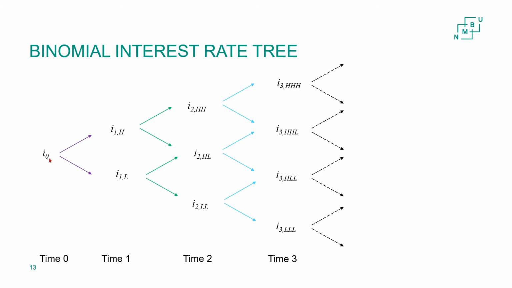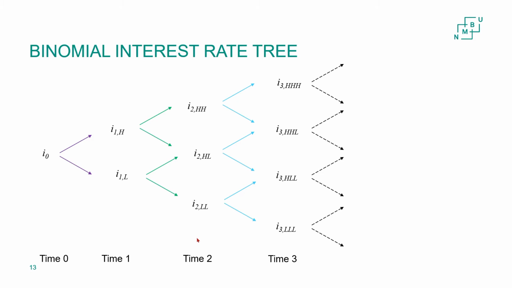So this I0 is the interest rate you use between time 0 and time 1. And the interest rate I1 is the interest rate you use for cash flows occurring between time 1 and time 2, often coming in at time 2.